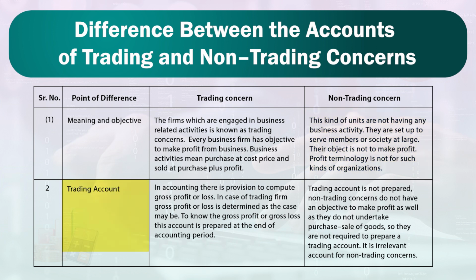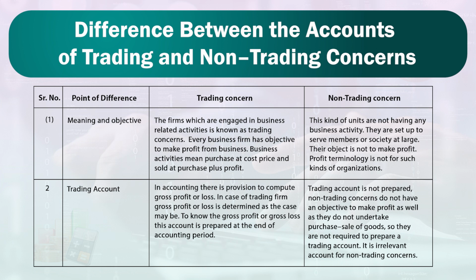Two, trading account. In accounting, there is provision to compute gross profit or loss. In case of trading firm, gross profit or loss is determined as the case may be. To know the gross profit or gross loss, this account is prepared at the end of accounting period.